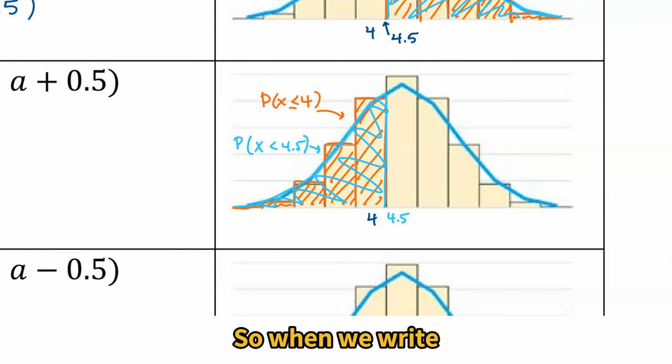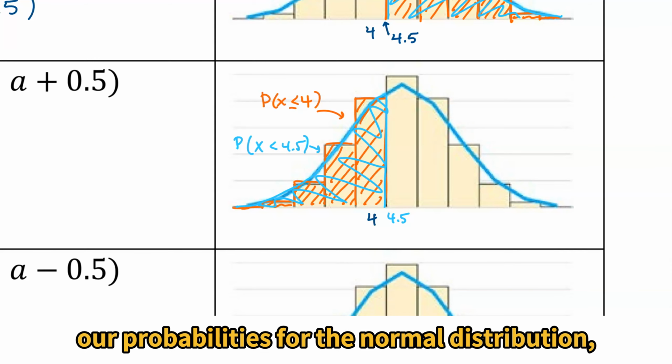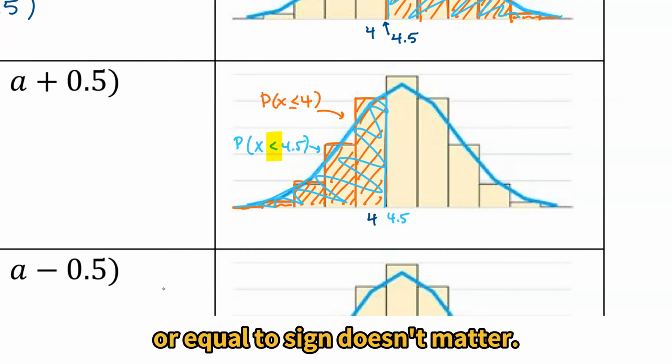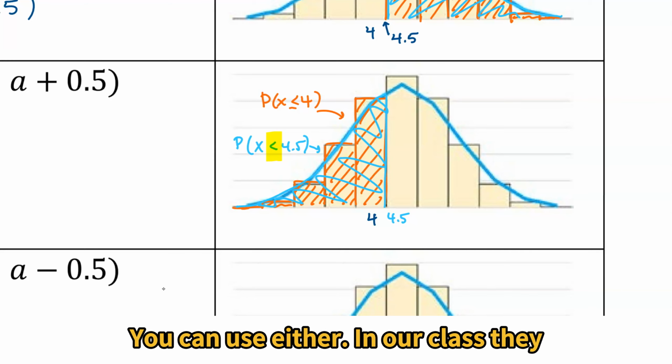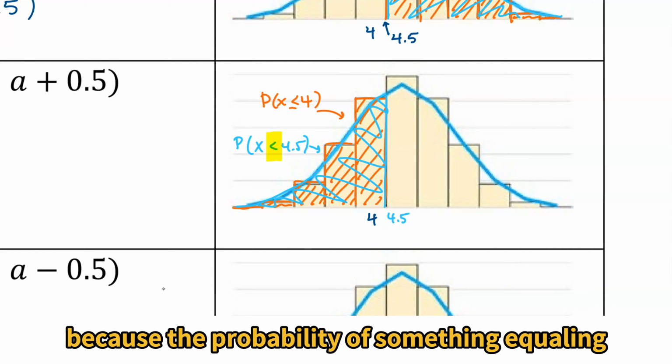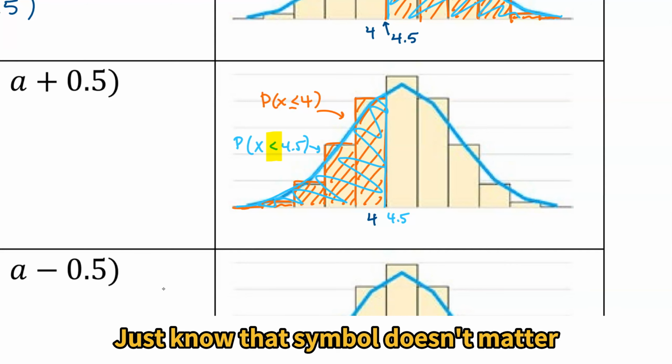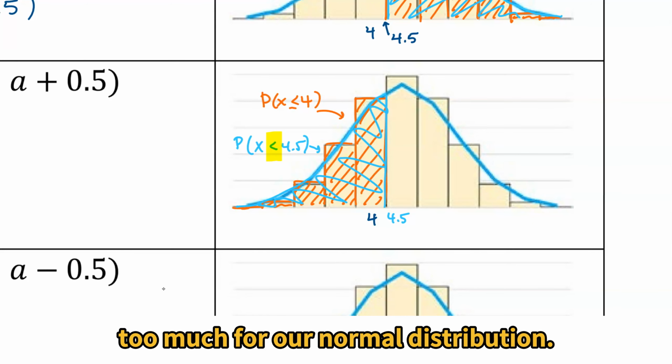So when we write our probabilities for the normal distribution, whether we use a less than or equal to sign doesn't matter. You can use either. In our class, they're interchangeable because the probability of something equaling a particular value is 0. Just know that that symbol doesn't matter too much for our normal distribution.